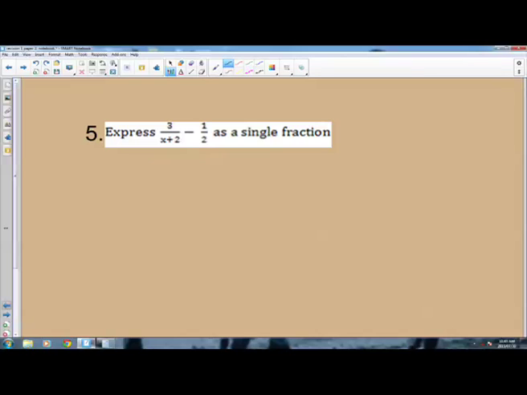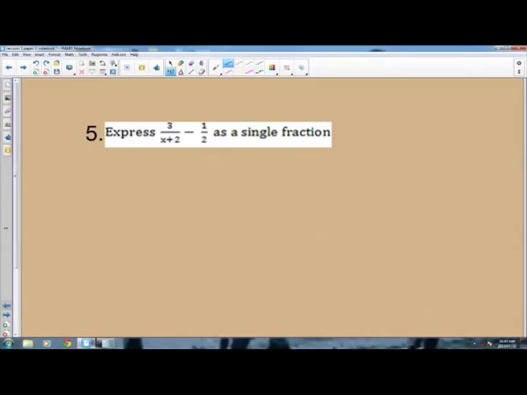This is an algebraic fraction, but when we work out algebraic fractions, you work exactly the same way you would work numerical fractions. So this simply means when you are given 3 divided by x plus 2 minus 1 over 2.